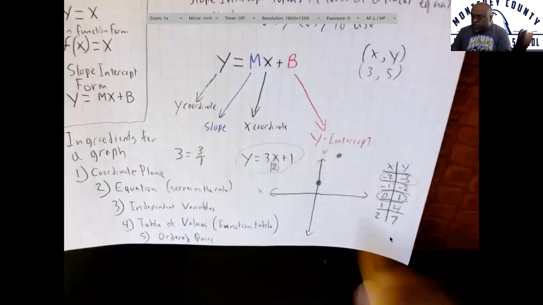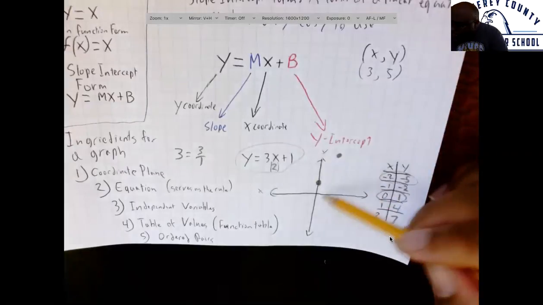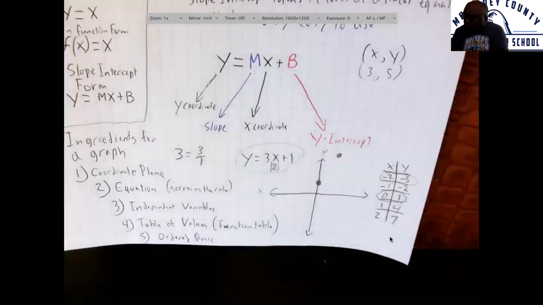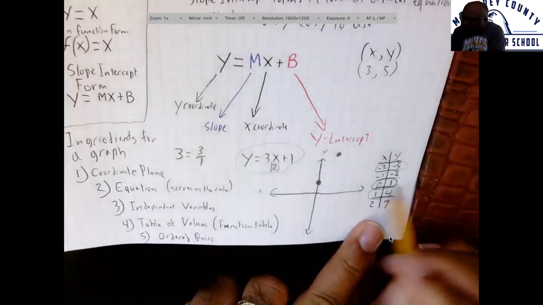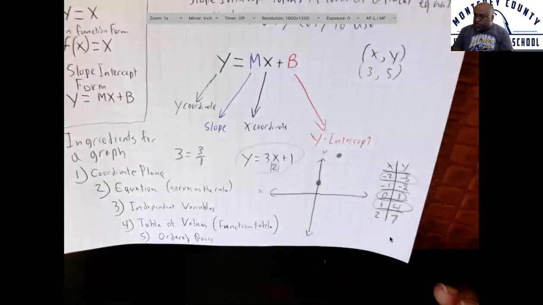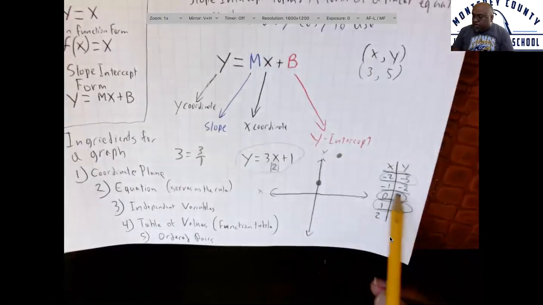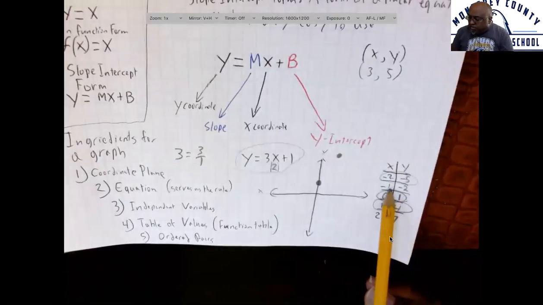So there's already a point. Well, what point is this? This is, let's see, 1, 4. Well, guess what? Look, 1, 4 is also a point on our table here. Okay? Now, since I have the table of values, I'm just going to go ahead and plot some other points. -1, -2.